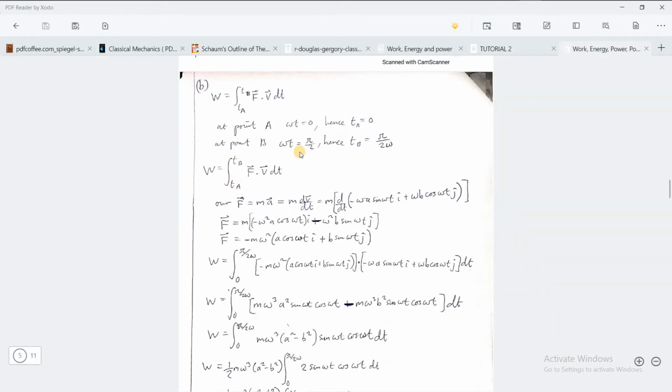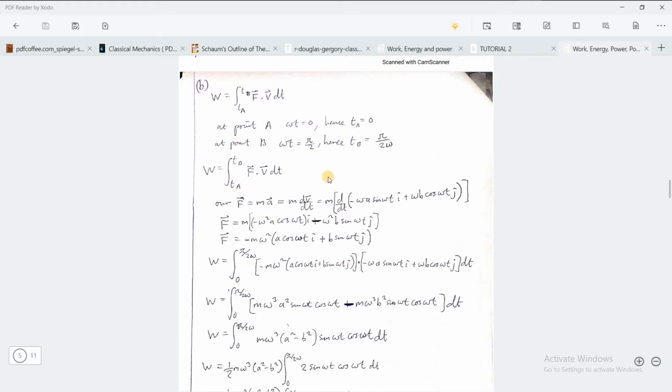So what are we saying? If omega t is pi over 2, making t the subject of the formula, we get t equals pi over 2 omega, which is the time at B. Now using this formula, we're going to start solving for the work.